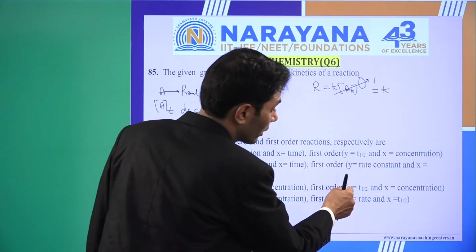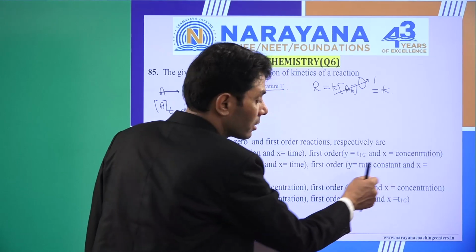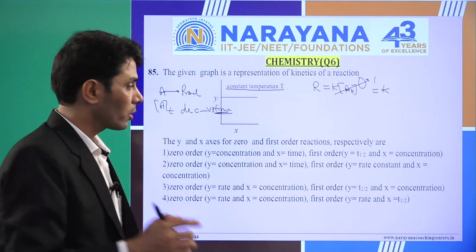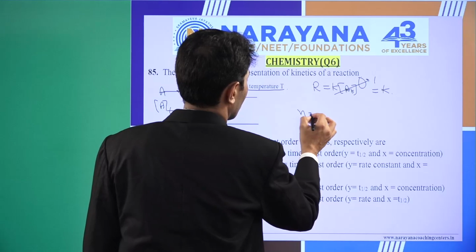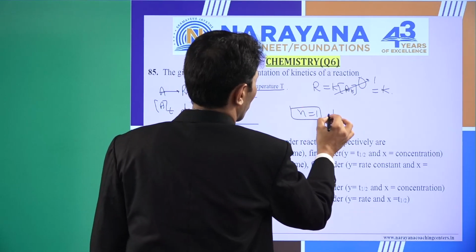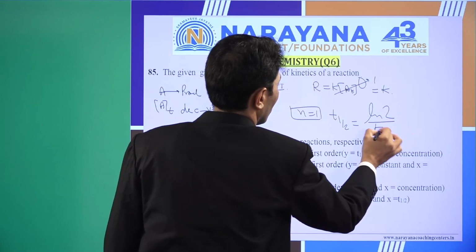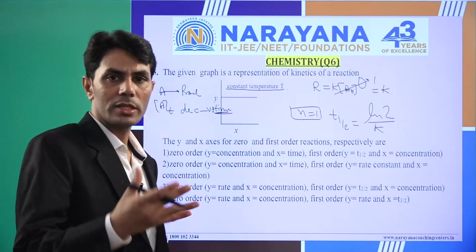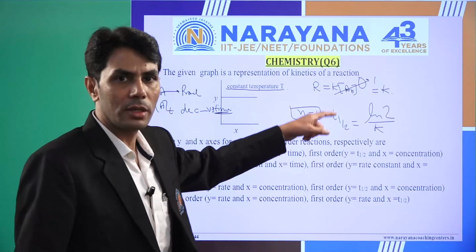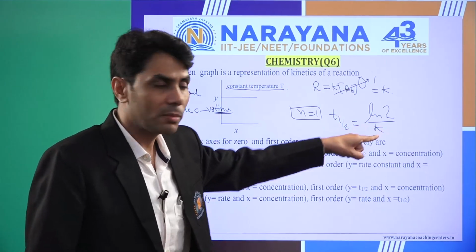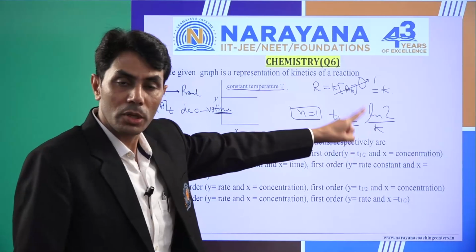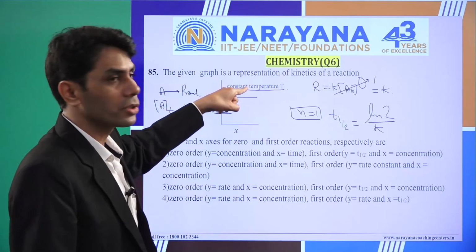Now, for the first order reaction, y is t half and x is the concentration. Yes. For the first order reaction, where n equals 1, we know t half is ln2 by K. There is no concentration term, so t half is independent of concentration. It is again constant because K is constant at constant temperature.